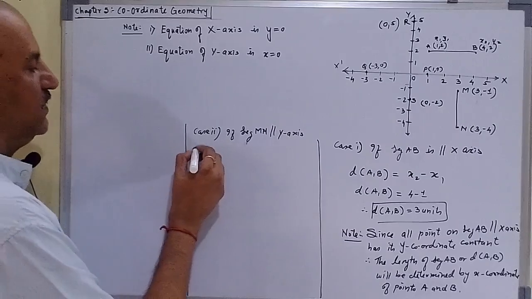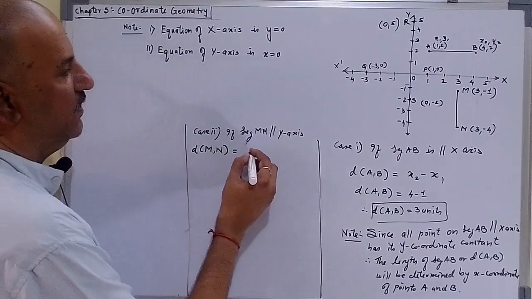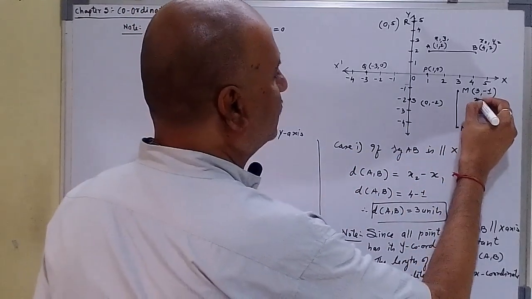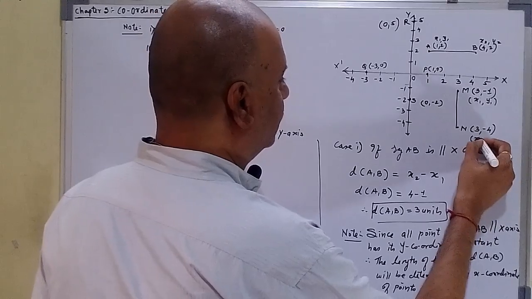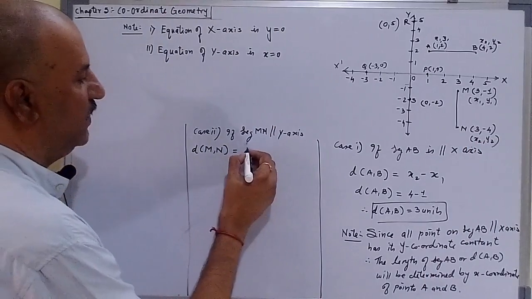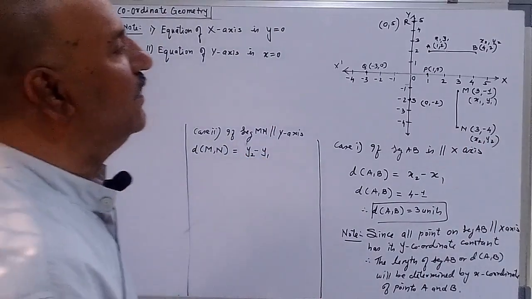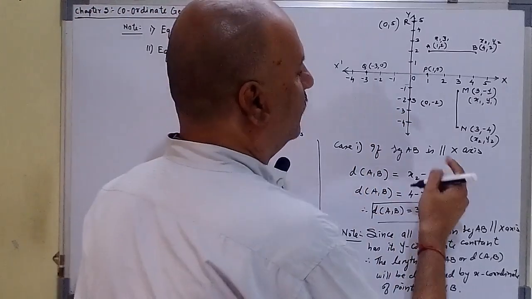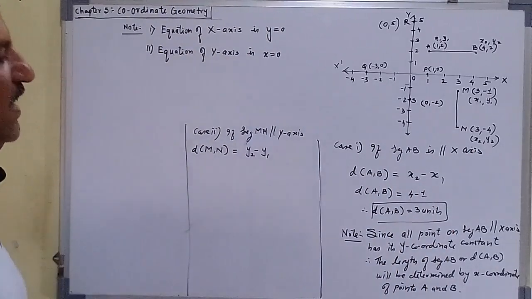So distance Mn will be, इसको समझो हमने x1 y1 लिया, इसको x2 y2, then this will be y2 minus y1, क्योंकि ध्यान दो x1 और x2 इक्वल है, सेम ही है.